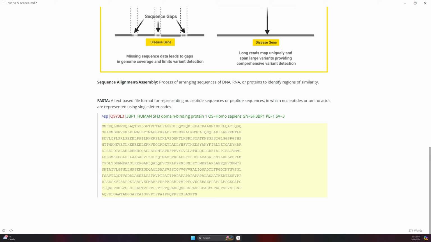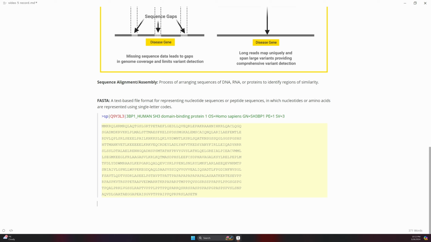In this case, this is the SH3 binding protein 1. Then it gives the human readable full name, SH3 domain binding protein 1. It also gives the gene name of this protein, SH3BP1. The organism is human. The PE here annotates the protein existence, and the SV annotates the sequence version.